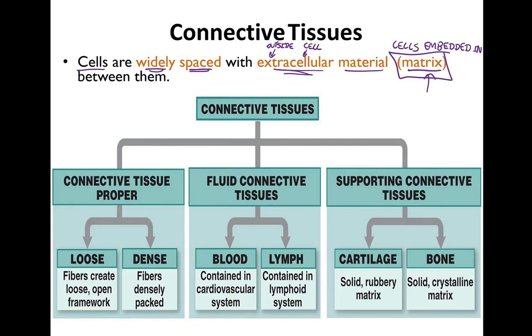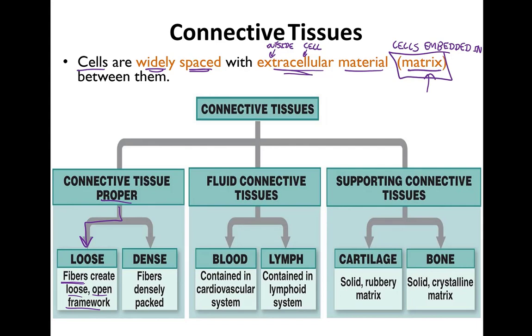Now there's 3 subcategories to connective tissue, and each of these subcategories has 2 sub-subcategories, if you will. The first connective tissue category is sometimes referred to as connective tissue proper or true connective tissue. And there's 2 different types of connective tissue proper. There is loose connective tissue, which is distinguished by the fact that there are fibers in this tissue that create a loose open framework or scaffold, like a loosely woven fabric.